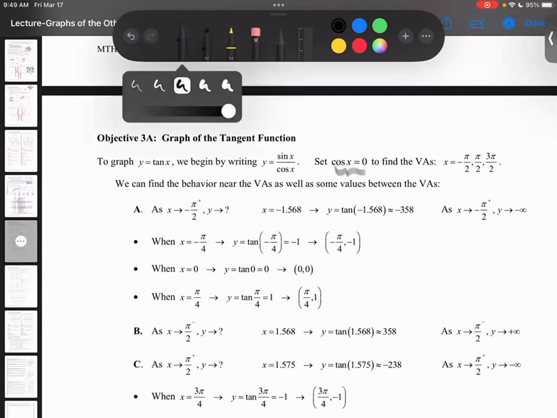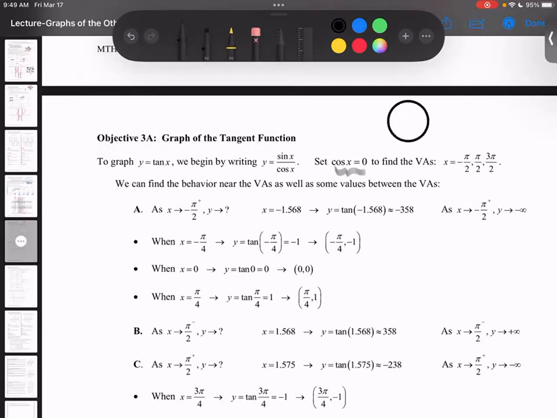If you forgot, draw it out. Which value of x makes cosine x equal 0? Here, right here, and here. I'm talking about just from 0 to 2 pi, right? So at pi half and 3 pi half, that's where cosine x is 0.